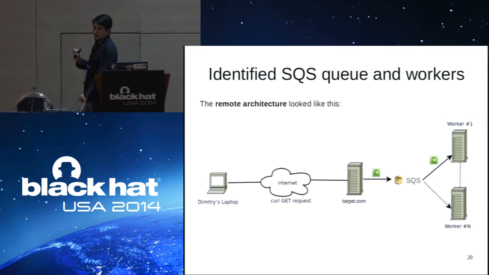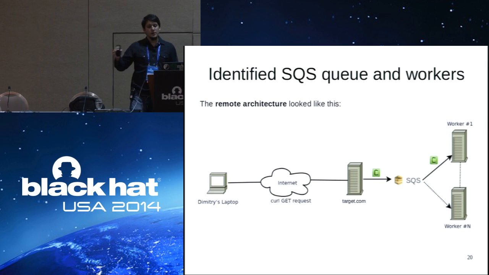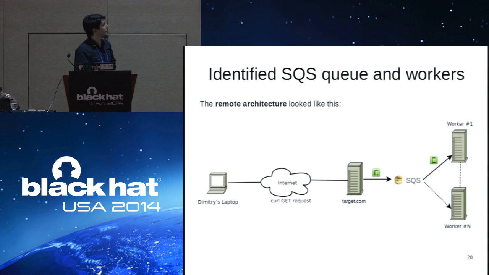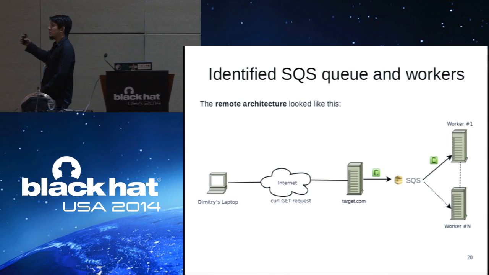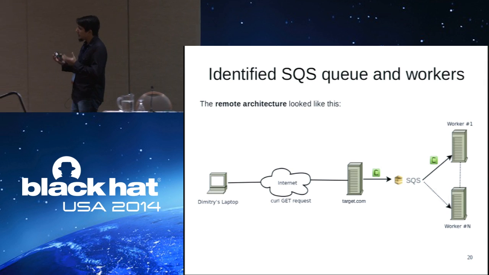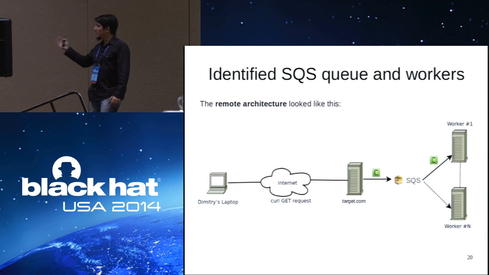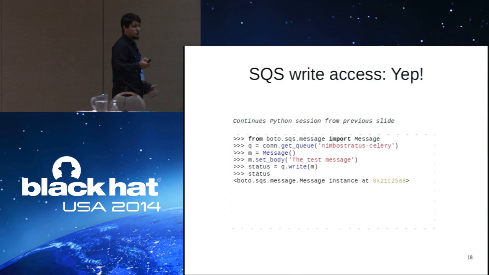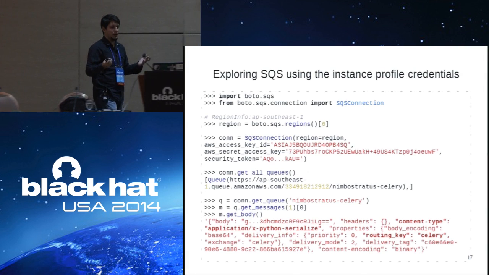Something interesting to note here is that if you take a look at this diagram, you will see that it seems that the SQS queue is outside of the reach of any attacker. But actually, sending a message to the SQS queue is not controlled by any firewall or anything like that.